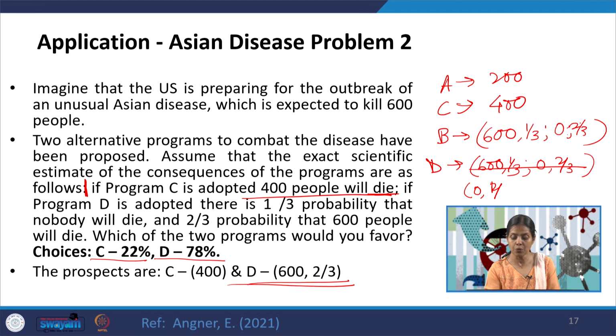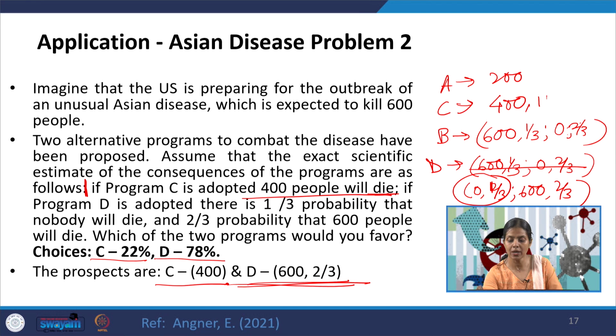So, 0 1/3 nobody is going to die, and 600 2/3 600 people are going to die. So, if I drop this 0 1/3, then I will be left with only 600 2/3. Similarly, C, 400, actually implies 400 with 1 and 0 with 0. So, that is why we would be just writing 400.